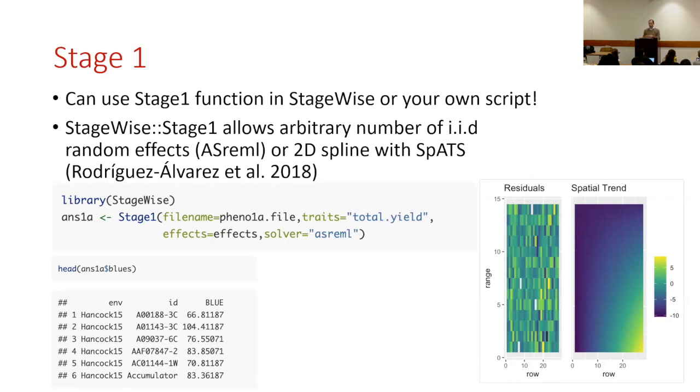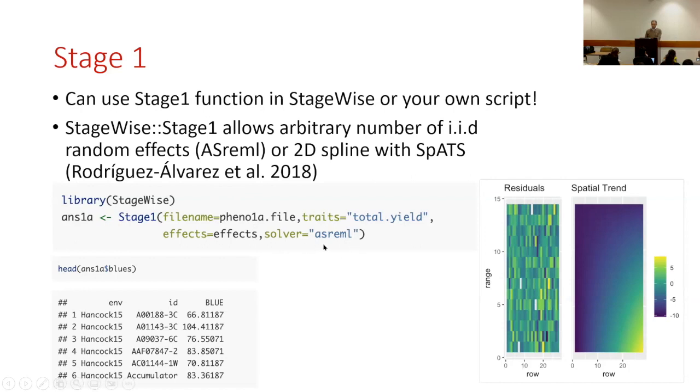Internally it calls a package called SPATS, which was developed by our biometrics colleagues from Wageningen, which I like. It does these nice 2D splines to look for spatial variation. But that's about as far as I tend to go with this stage 1 function.